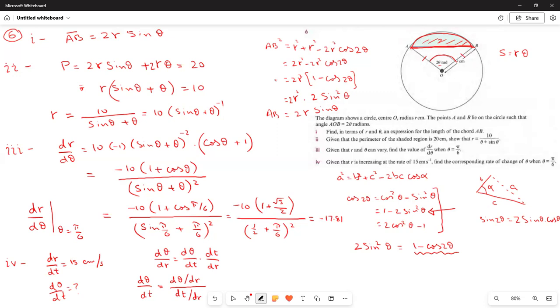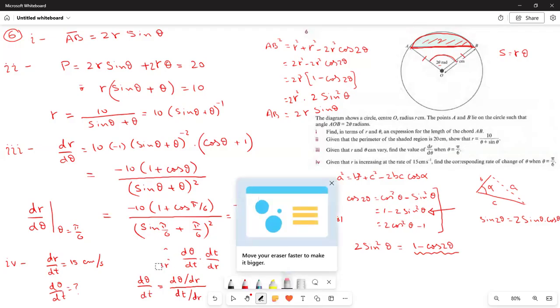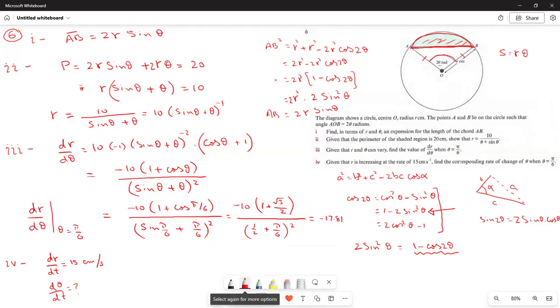Dr by dt. Okay, I'm sorry, I had to erase some part of it. Okay, basically what I was trying to do, sorry if I remove this all.